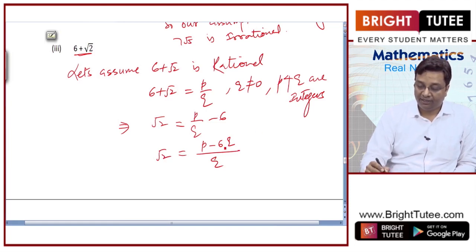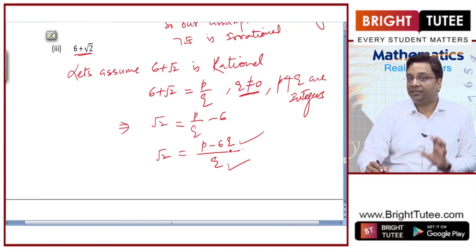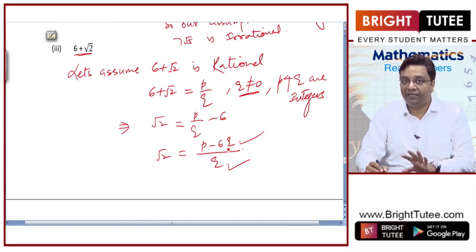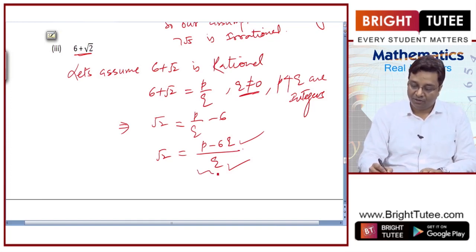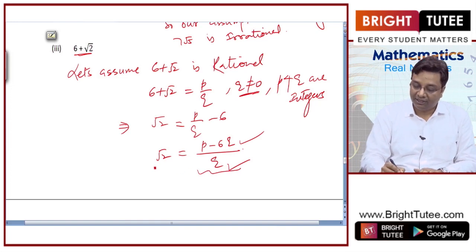Now p and q are integers, so p minus 6q is also an integer. Q is also an integer which is non-zero. So the right hand side satisfies the condition for it to be a rational number. So this is a rational number, which suggests that root 2 is also a rational number.